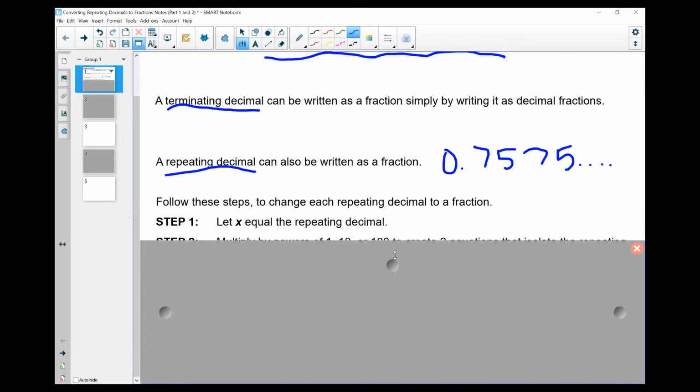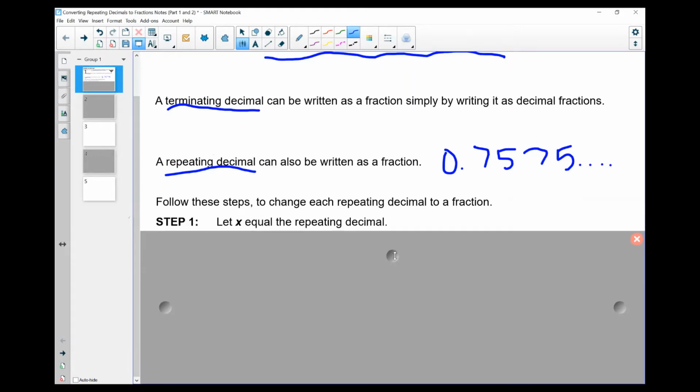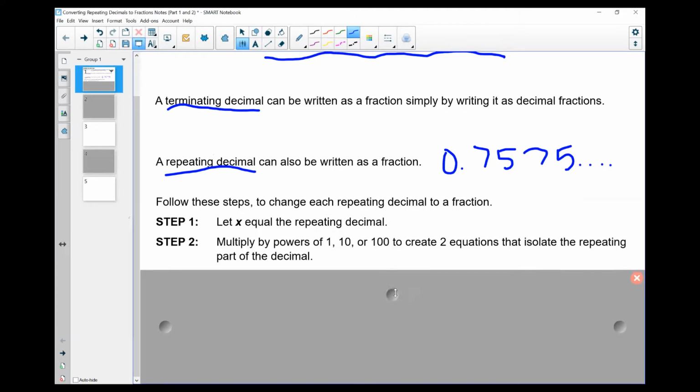The first one is we're going to let x equal the repeating decimal, and I'm going to show you guys an example problem. In step 2, we're going to multiply by powers of 10 or 100 to create two equations that isolate the repeating part of the decimal.